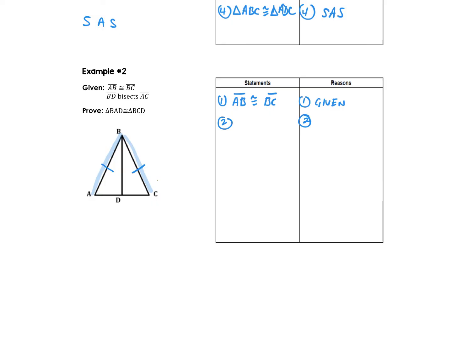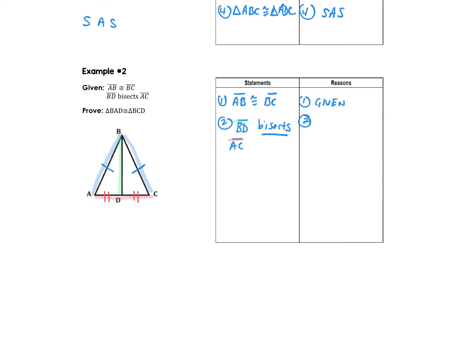Okay, so our second piece of information says the line segment BD bisects, that's a key word, bisect. It bisects line segment AC. Okay, so what we have here is line segment BD coming down, and it's going to be bisecting AC. So here's AC. So when something is bisected, it's divided into two congruent parts.